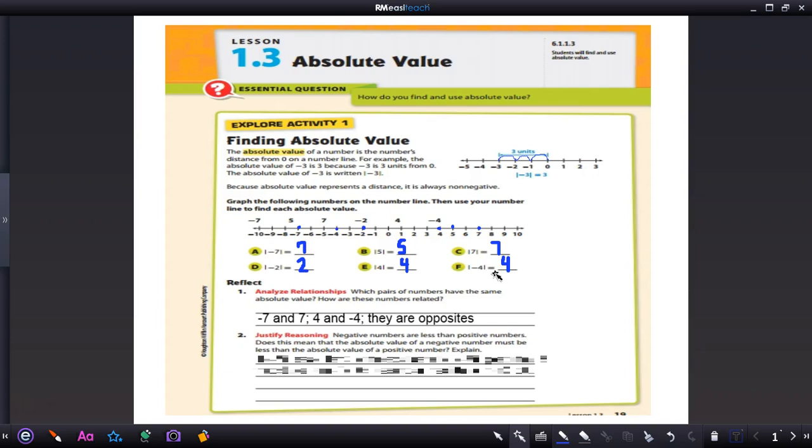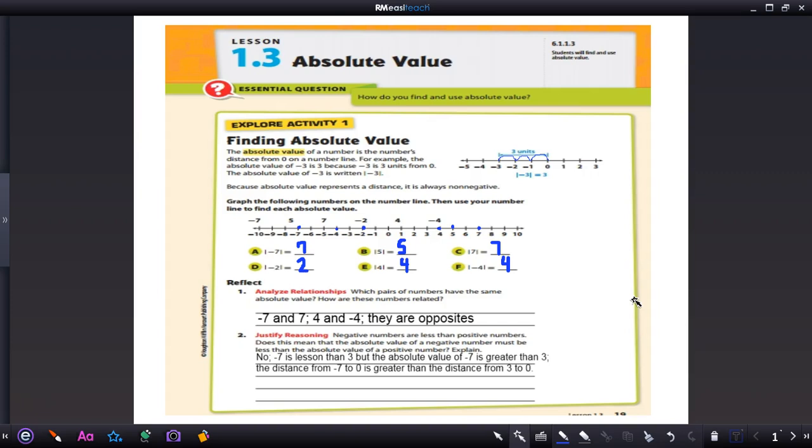Now let's take a look at number 2. It says justify reasoning. Negative numbers are less than positive numbers. Does this mean that the absolute value of a negative number must be less than the absolute value of a positive number? Now remember what we talked about. Absolute value represents a distance. It is always non-negative. So I want you to write the answer down on page 19.